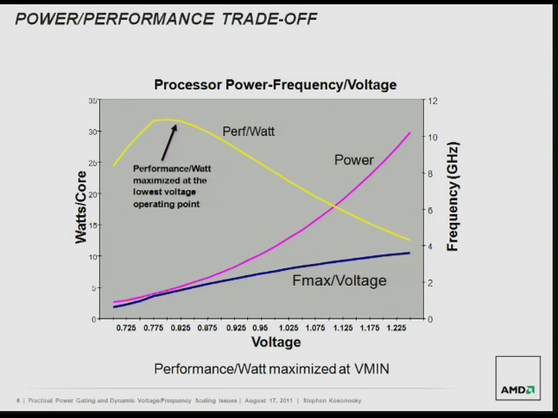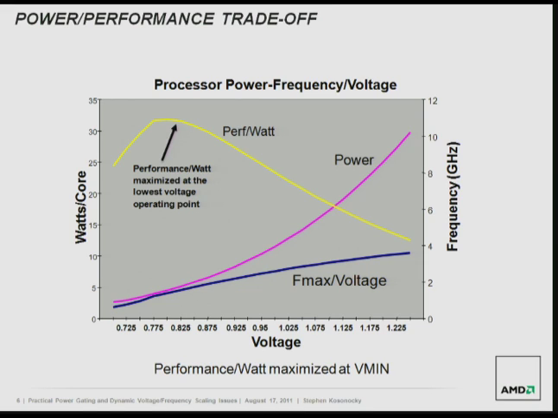The other one, if you look at just the basic performance per watt, if you look at Fmax as a function of voltage, you see that we get some good increase in Fmax as we scale voltage up. And that's one of our biggest levers for increasing performance on demand. So we want to take advantage of that, but at the same time, the power increases very quickly.